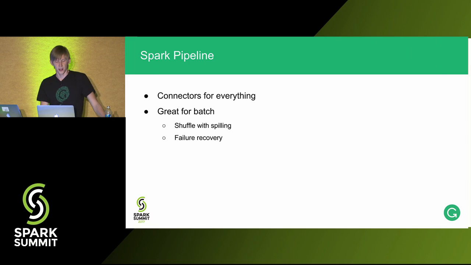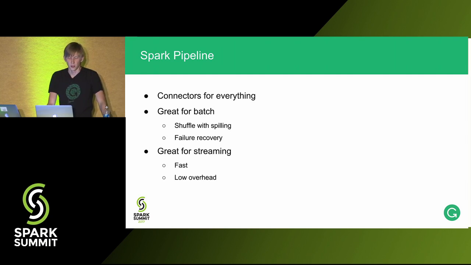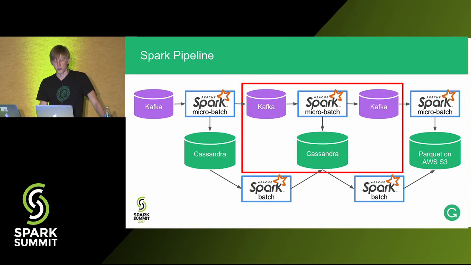It has failure recovery, which is critical for long-running jobs. You don't want it to fail. Instead, you want some retry to happen and the job to proceed. And it's great for streaming because it's fast with literally no overhead, so you can launch those micro batches very often.